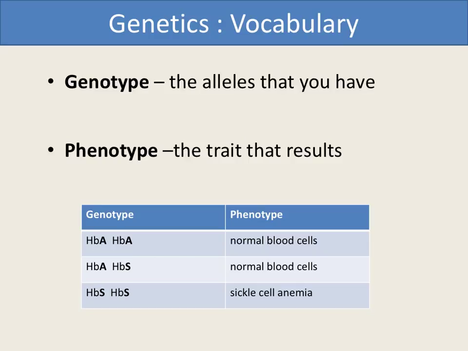Now, so here we've introduced kind of new concepts, not really, but just to go over it. A genotype. That's the alleles that you have. So the base pairs all strung together that code for amino acids. And then the phenotype, the actual physical trait.